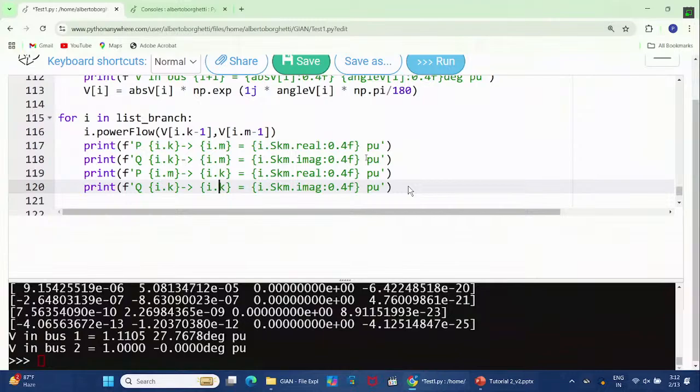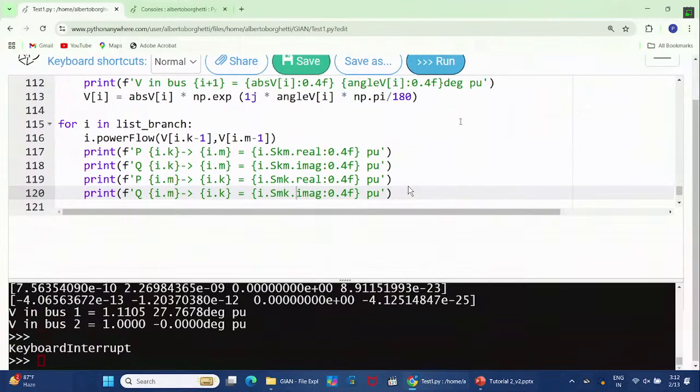So we have the flow from m to k, and it is always mk here. Save. Run.